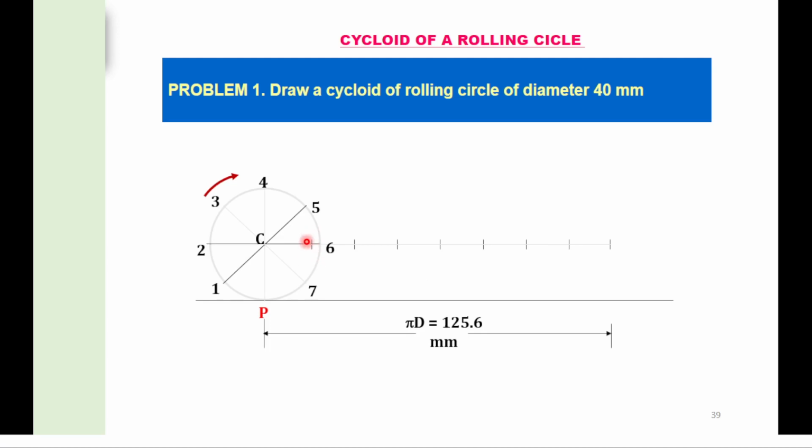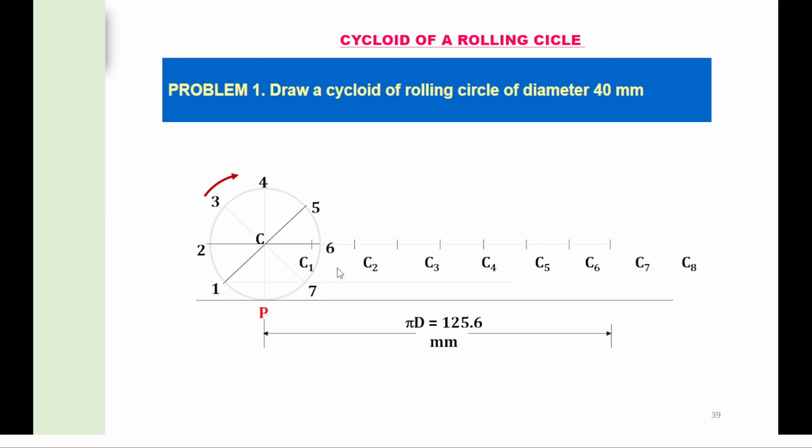Over here it will be C1, over here C2, likewise C3, C4, C5, C6, C7, C8. We will name them so: this will be C8, C7, C6, C5, C4, C3, C2 and C1. Now just imagine this will be the last position of the circle when it completes one revolution.